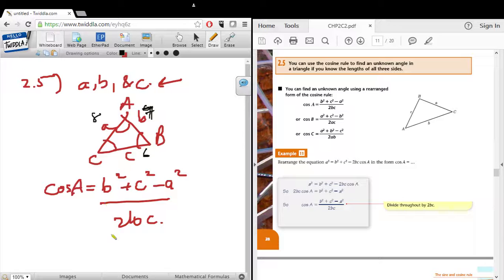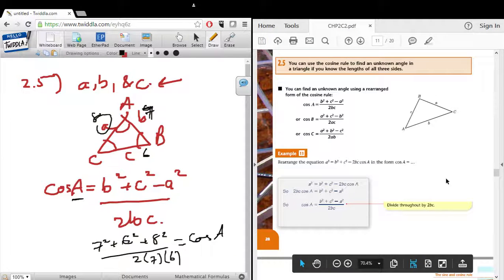Then all you need to do is say b is 7 squared plus 6 squared plus 8 squared over 2, and then you remember, if we're trying to find a here, then you'd miss out the length a when it comes to multiplying in the denominator. So we would have 7 and we would have 6, and whatever the answer would be, cos A. So that's a very simple technique to use.